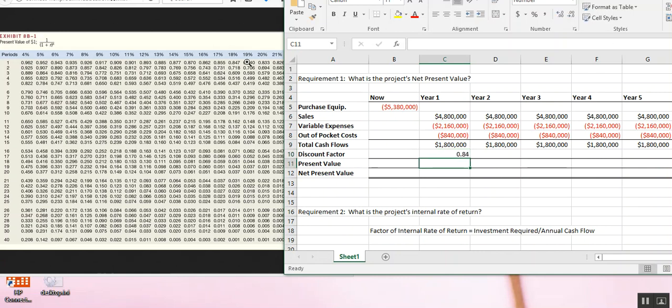In year 2, still at 19%, but going down to the 2-year period, it would be 0.706. Year 3 is 0.593. Year 4, 0.499.